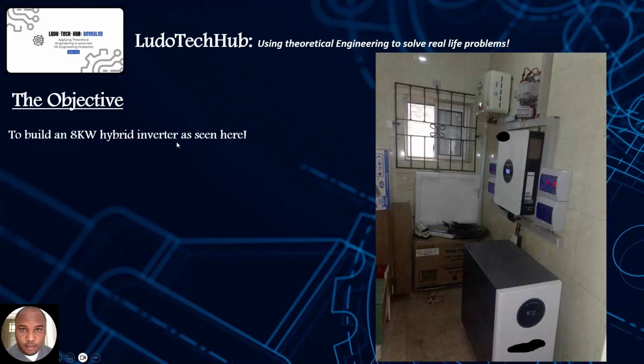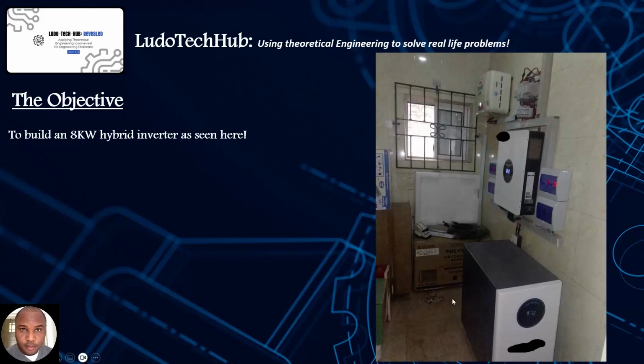It is a solar generator, and this is the setup. Now, there are several problems here, and we're going to be running through the problem that I was trying to solve, the thinking or the rationale behind my coming up with the solution, the strategies that I decided to adopt, and so on and so forth.